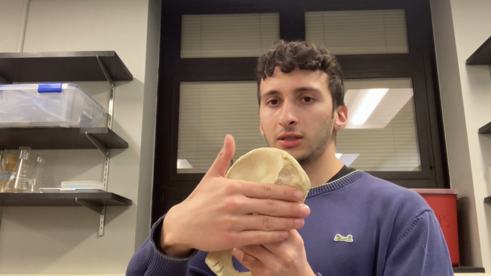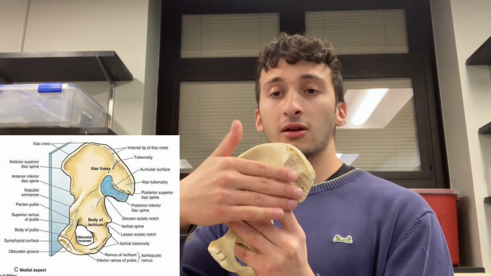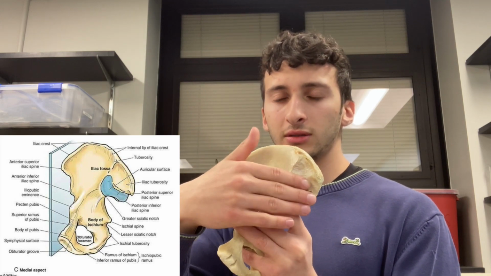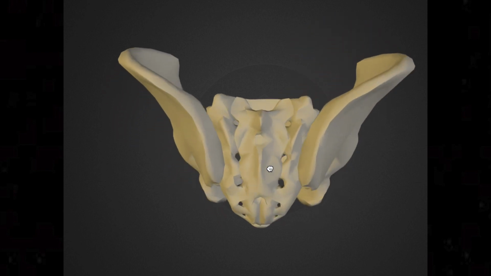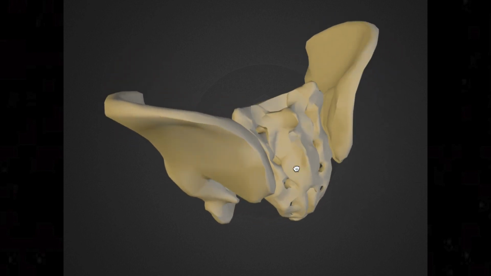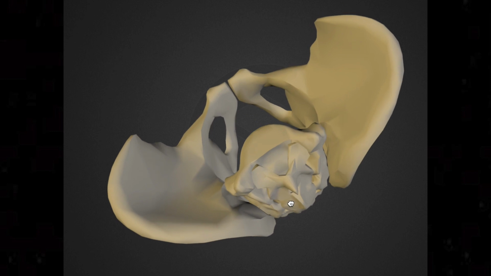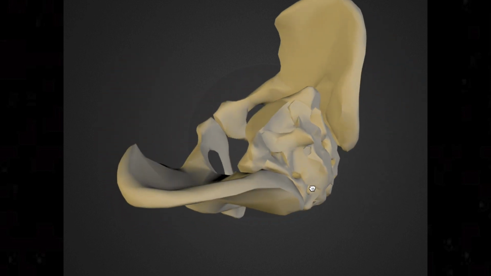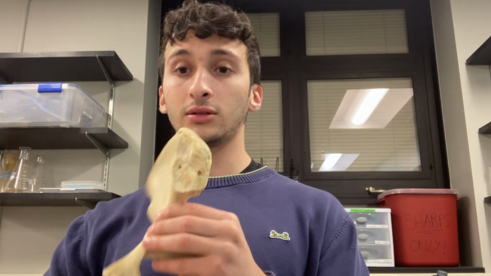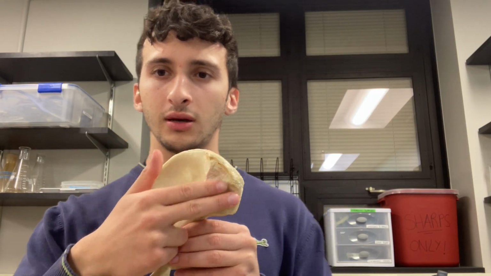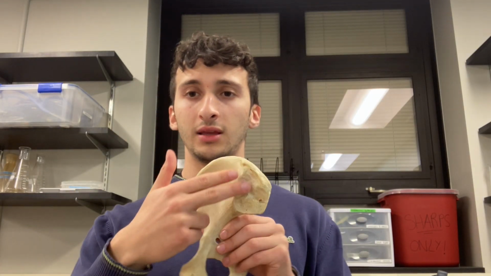Right here, what you're seeing is the sacral auricular surface. Remember, if this is anterior, you have the sacrum right here, which is in the back, all the way below our spine. This is the point of connection between the sacrum and the ilium.